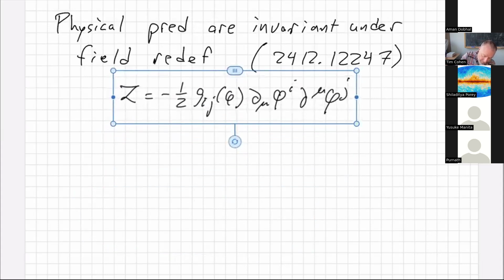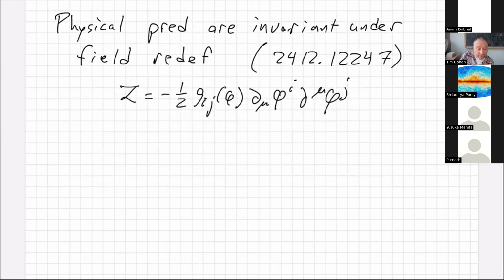Okay, so we have this Lagrangian. Well, then this coefficient here has the following three properties. So it's symmetric, g_ij equals g_ji. That's obvious because the kinetic term is symmetric under the exchange of i and j, so this has to be true.